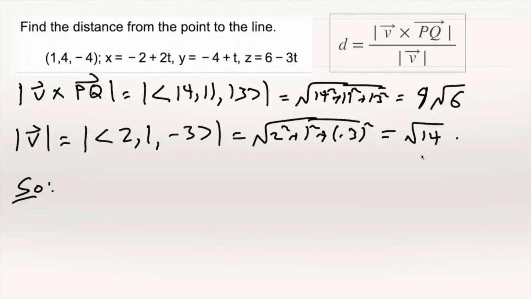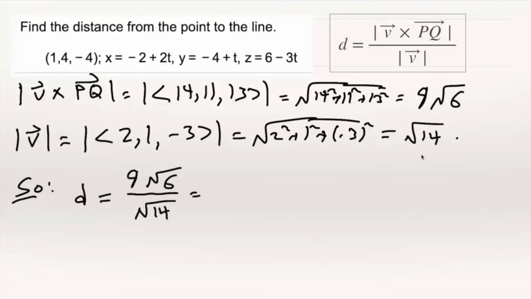So finally, d is therefore 9 root 6 over root 14.